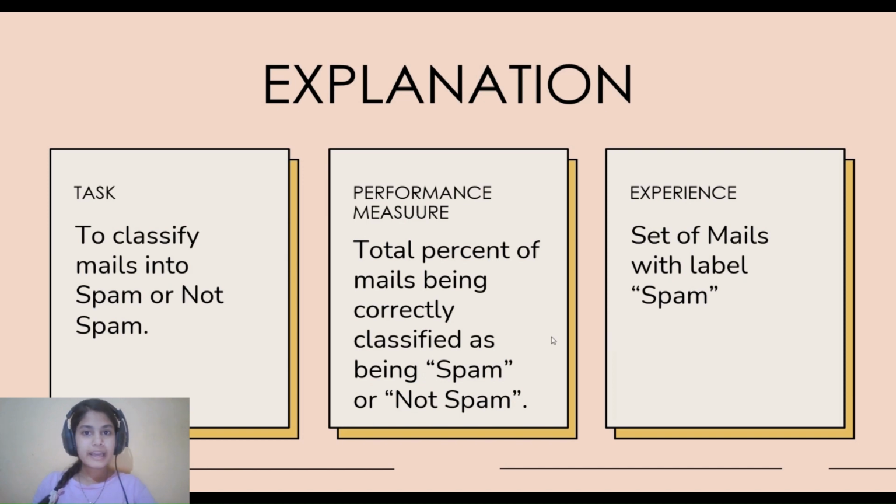And what is the experience according to which the performance of the machine model increases? It is the set of mails with spam labels. That means I will give a set of mails labeled as spam, and it will check whether the number of spam mails matches. According to that, the performance measure will increase.